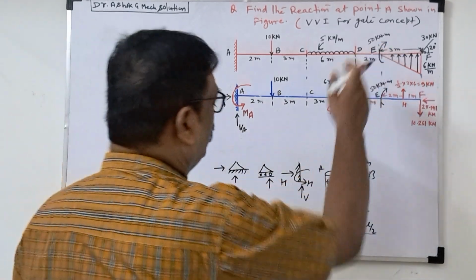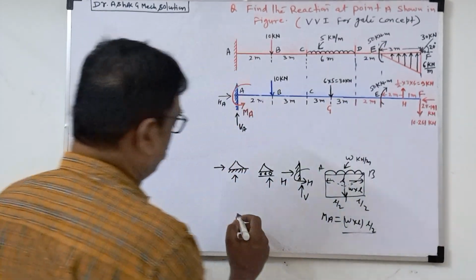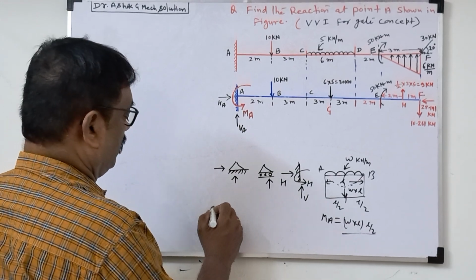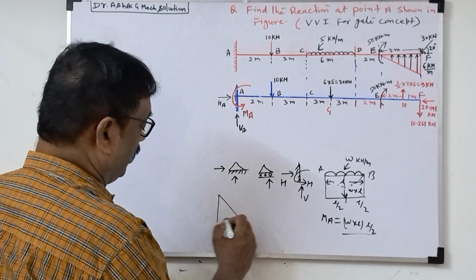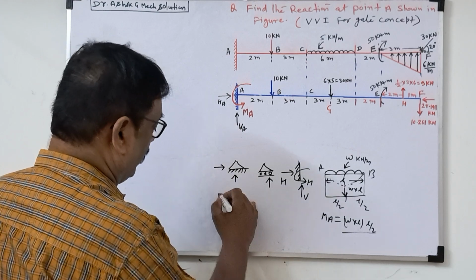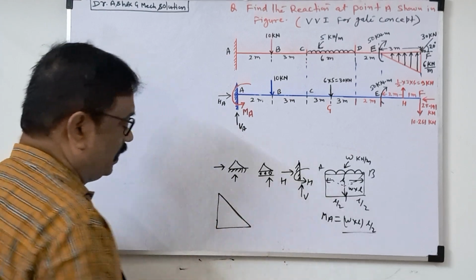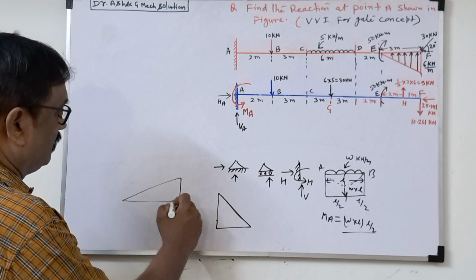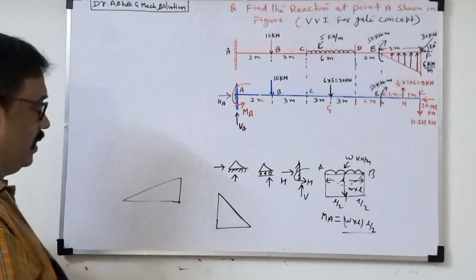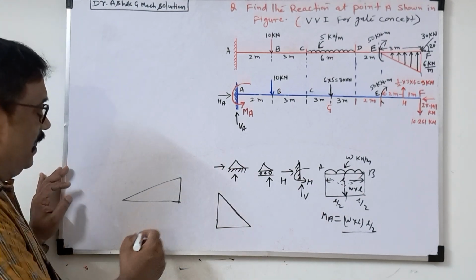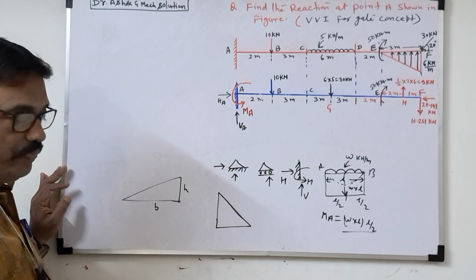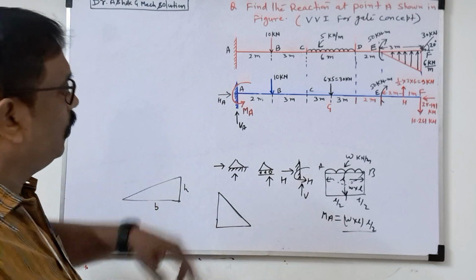Now, UVL. That concept also you learn here. Suppose this is a UVL. UVL is also known as triangular load. Either the triangle will be like this, or the triangle will be inverted. So suppose this is the triangle, with base length B and height H. How to find the load?